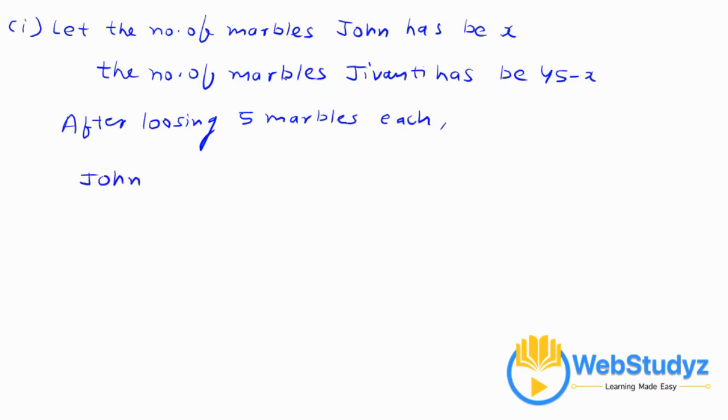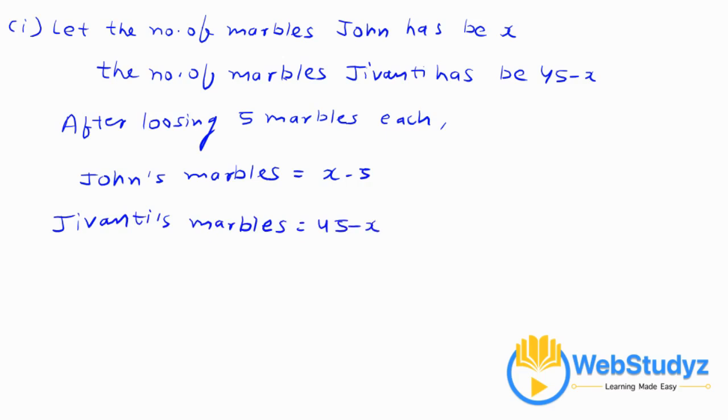John's marbles will be x minus 5 and Jivanti's marbles will be 45 minus x minus 5, which will be 40 minus x.